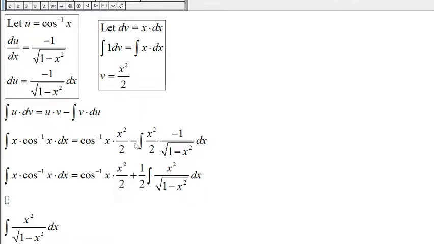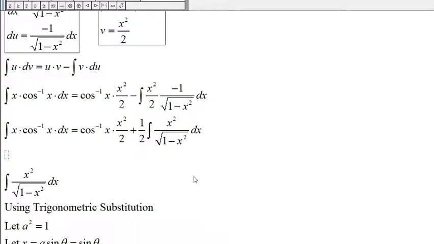Here we have minus negative 1, that will become plus, and here we have 1 half, and then x squared divided by the square root of 1 minus x squared. And to find this integral right here, we have to use what's called trigonometric substitution.